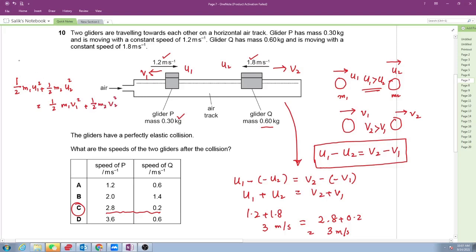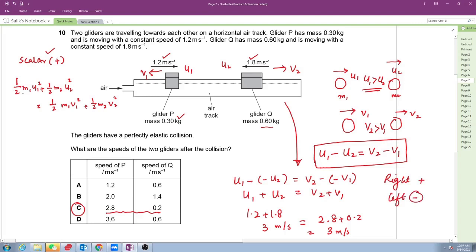Keep it in mind, kinetic energy is a scalar, so we are not going to change any sign, so always consider positive. Momentum is a vector, that's why we change the sign there. For the right we consider positive, and for the left negative.